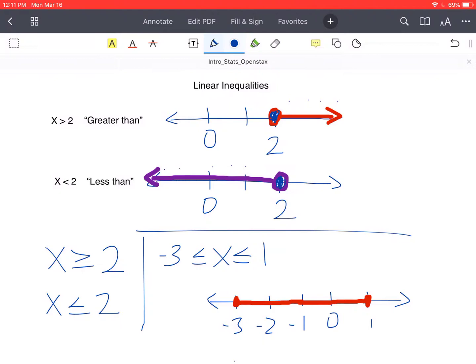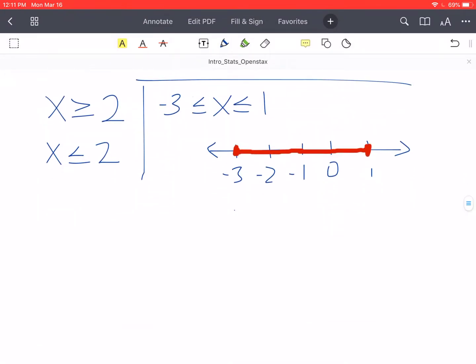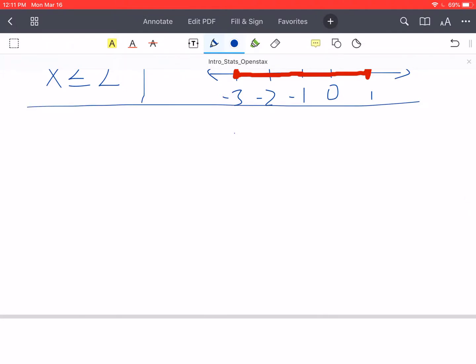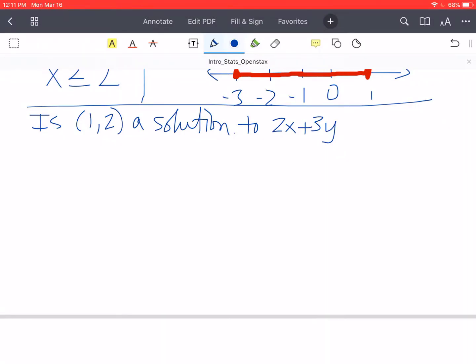Okay. So when it comes to solving linear inequalities, we can solve them by looking at solutions to the inequalities themselves. So the first question is: is the point (1, 2) a solution to the inequality 2x plus 3y greater than 1?